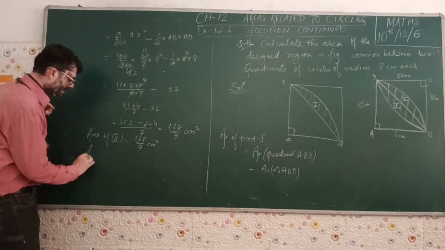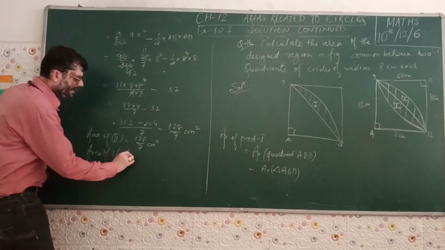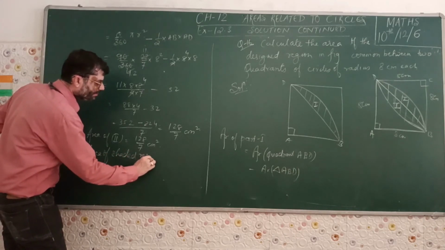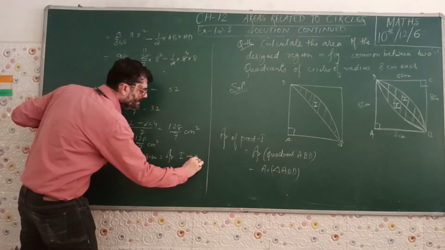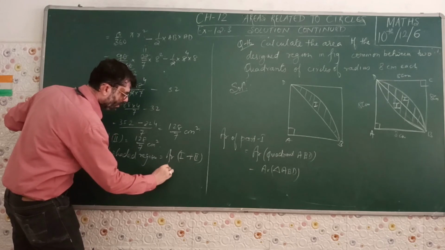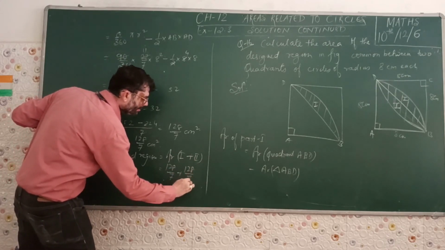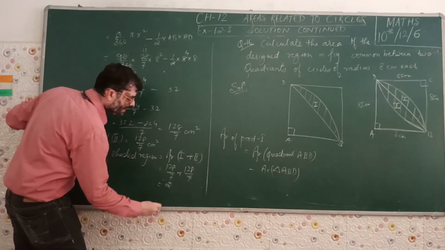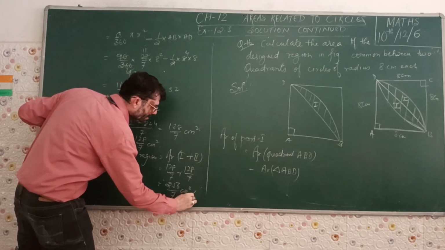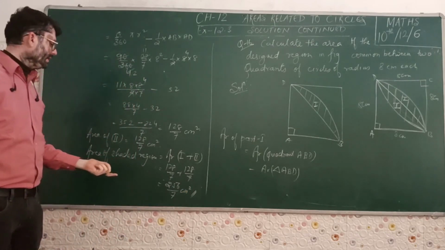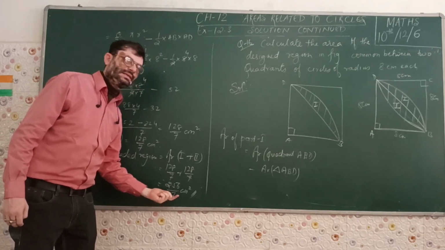So finally the area of the shaded region is area of part 1 plus area of part 2. So this is 128 by 7 plus 128 by 7. This is 256 by 7 centimeter square. So we have finally got the area of the shaded region as 256 by 7 centimeter square.